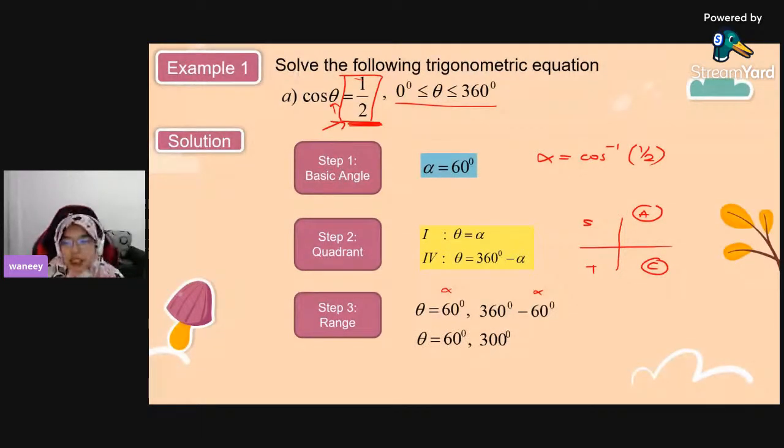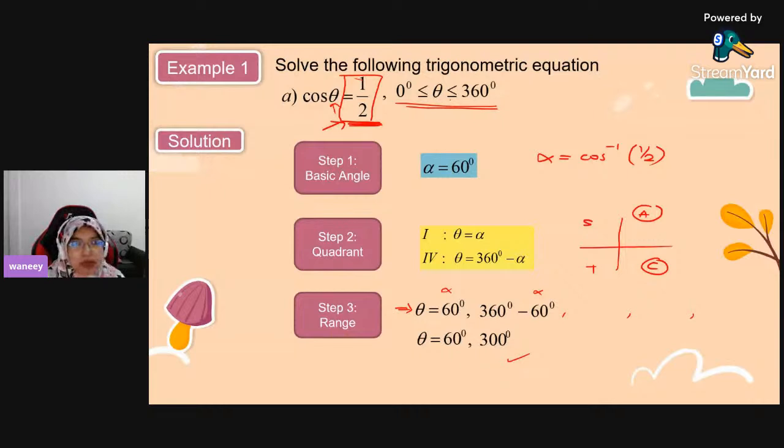We just need to make sure that our answer is actually inside the range. Theta between 0 and 360, both of them are inside the range, so this is okay. If we have something that is larger than the range, then we need to add some more for the theta step. For example, if let's say we have 2 theta, right?